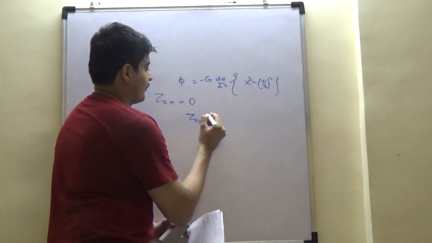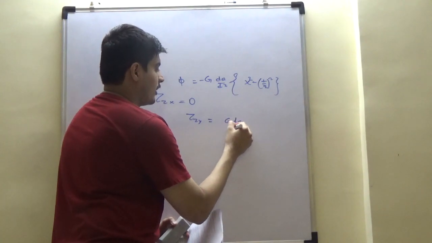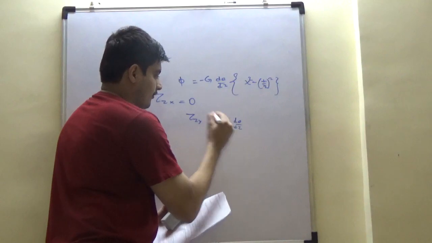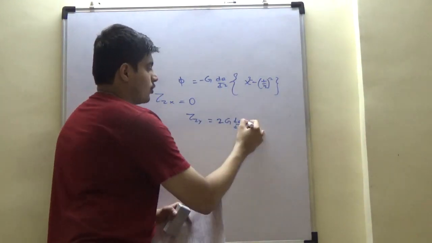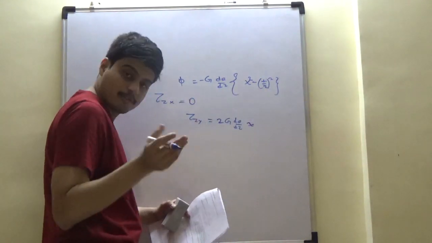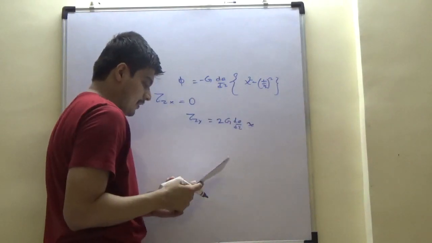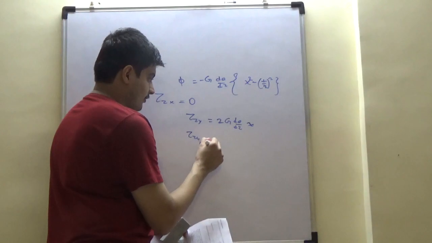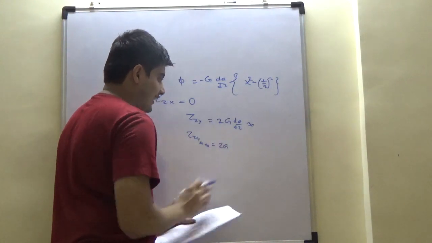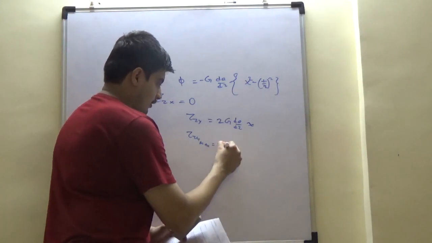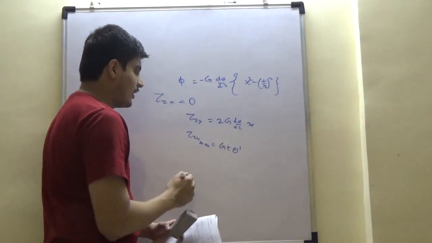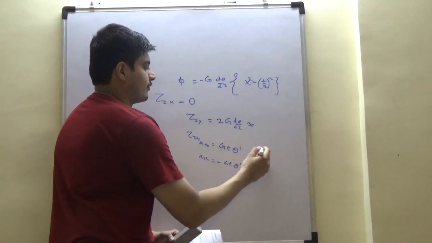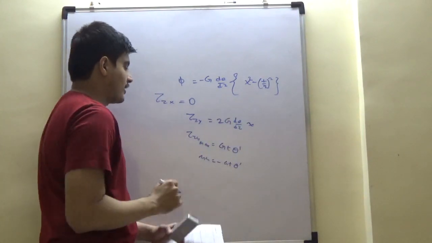This is what? G d theta by dz, and 2 times x, because it is minus of this, so this is my tau zy. Which means tau zy max is 2g, so g t theta dash, where theta dash is simply theta dash, and the minimum is minus g t theta dash, and it is 0 at x equal to 0.